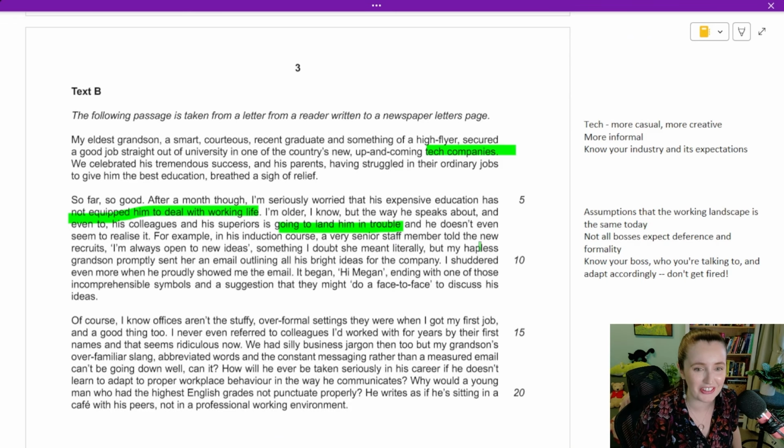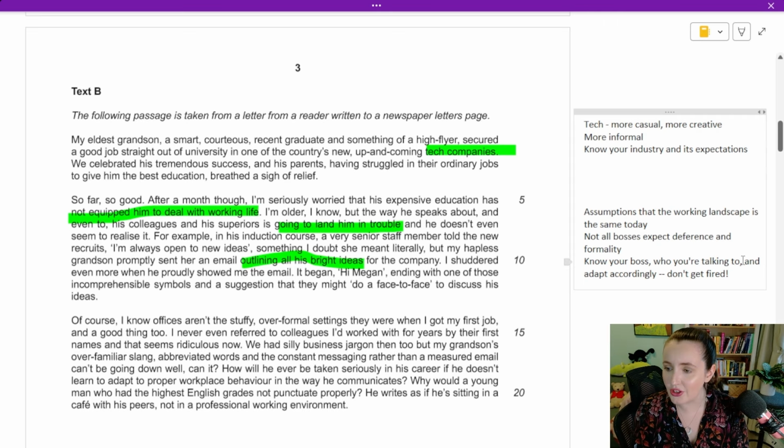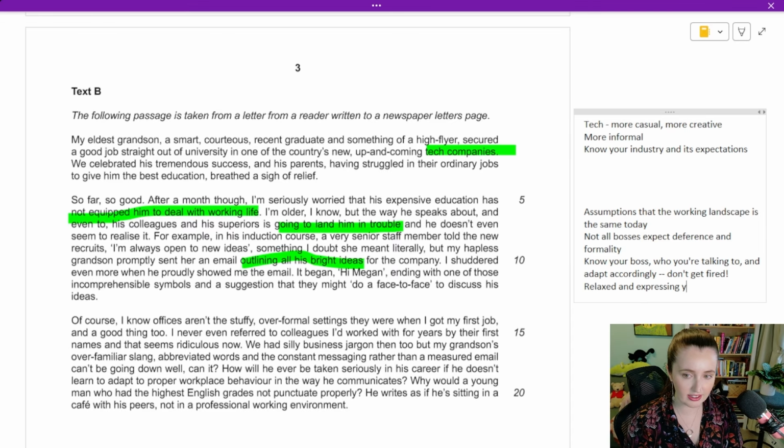This is rude. Yeah, okay, anyway, hapless grandson promptly sent her an email outlining all of his bright ideas for the company. That could be a good thing. Being relaxed and feeling like you can express yourself openly can benefit the business with genuine improvements.